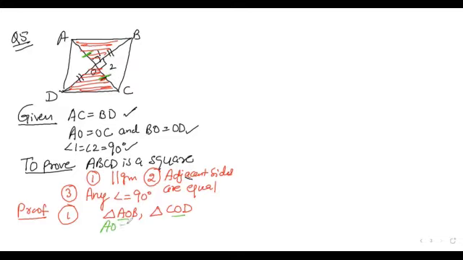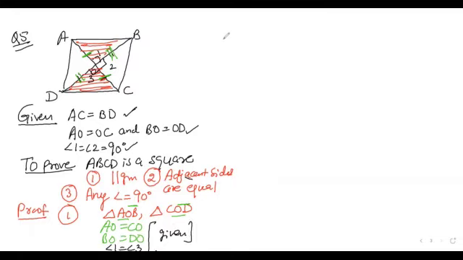Secondly, we are again given that the length BO is equals to length DO. This is corresponding. And also angle 1 is equals to angle 3. All these things are given here.